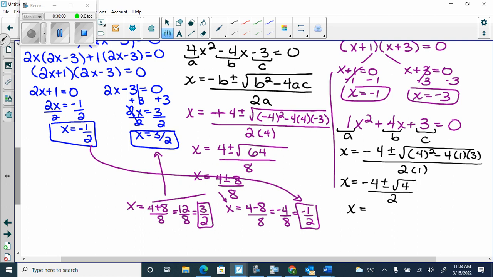So x equals negative 4 plus or minus 2 over 2, and then it splits.